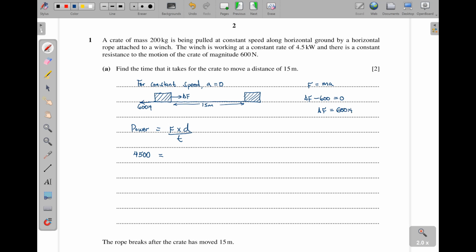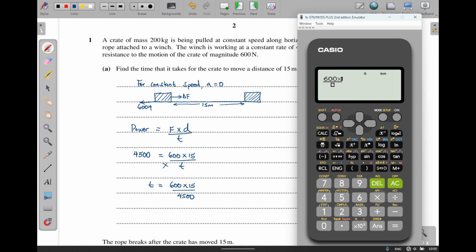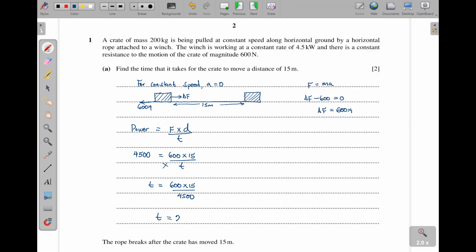That means for constant speed, the driving force is equal to the resistance force. So here I'll put 600. Then the distance traveled is 15, divide by the time taken, and I want the time. So time is going to be 600 times 15, divided by 4500, that is 2. So the time taken is 2 seconds.